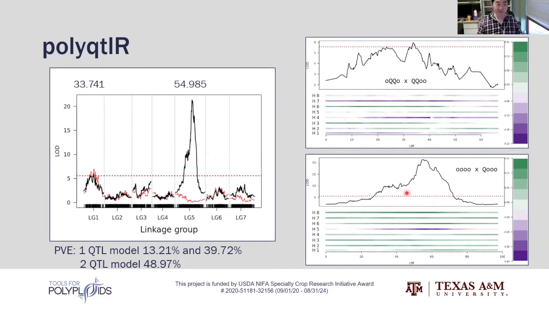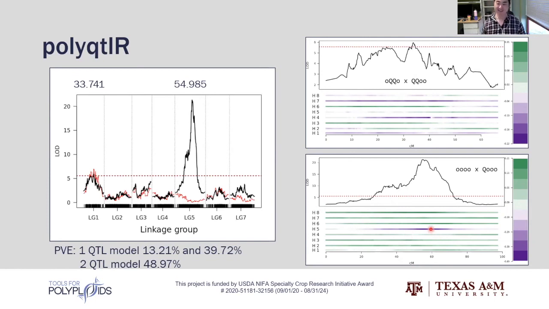And same thing in PolyQTLR, you're able to go fish out the individuals that carry the allele. And to make an apples to apples comparison, I'm only going to look at the QTL on 5. So I went in and tried to fish out all the individuals that carry the H5 allele. And again, we found 94 individuals that carry this H5 allele.